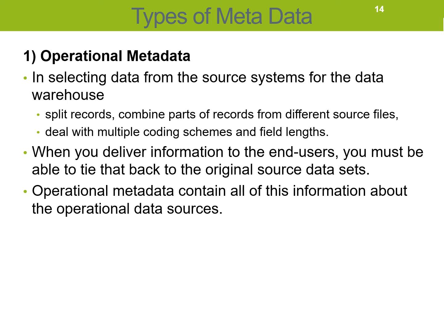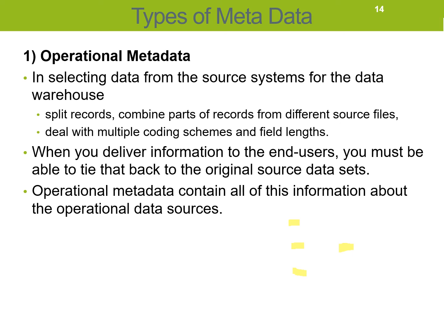The operational systems deal with multiple coding schemes and field lengths. So when you deliver information to the end user, you must be able to tie that back to the original source data set. If some information is there in the data warehouse, what is the source of the information? Either it comes from information system 1, information system 2, or information system 3, and from what tables.